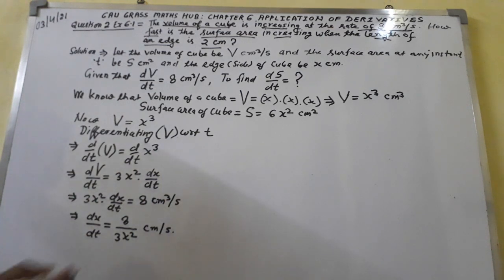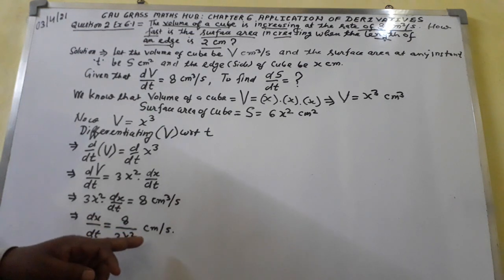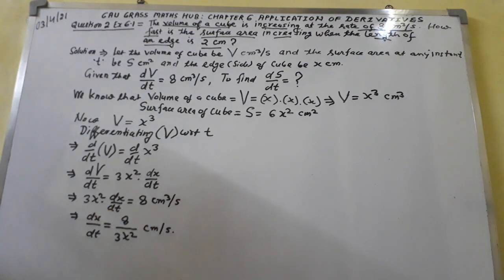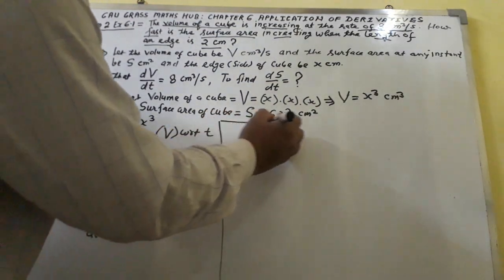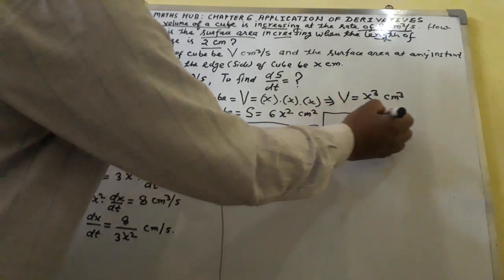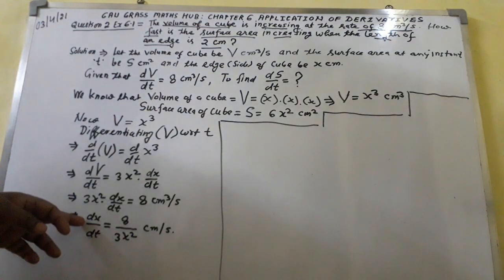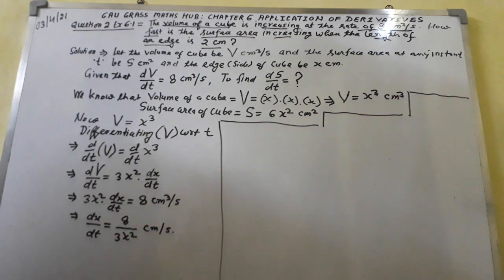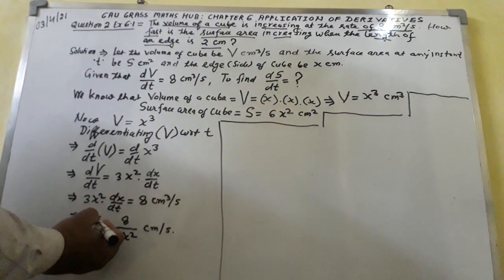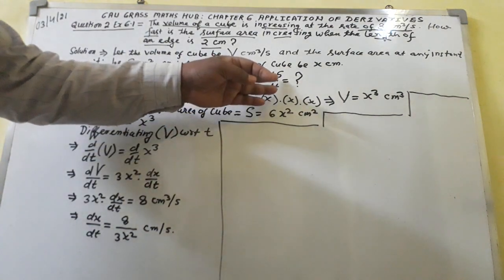This thing we have got. dx over dt is equal to 8 over 3x square centimeter per second. We have to find out dS over dt.